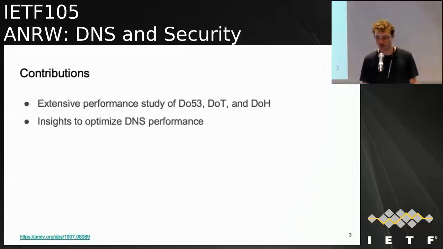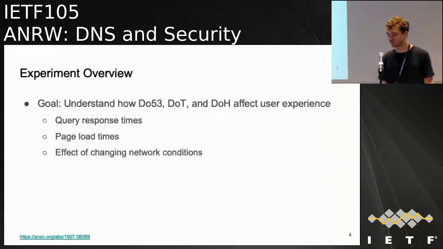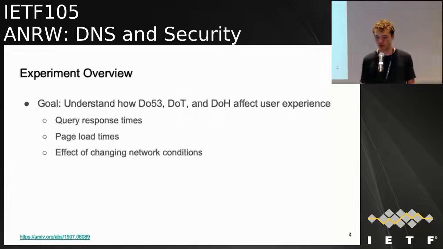So the contributions of our work: we performed an extensive performance study of DO53, DoT, and DoH, and we give some general insights to optimize DNS performance. Again, we really want to understand how DO53, DoT, and DoH affect the end user experience. There are a couple of metrics that we measure in order to give us that understanding.